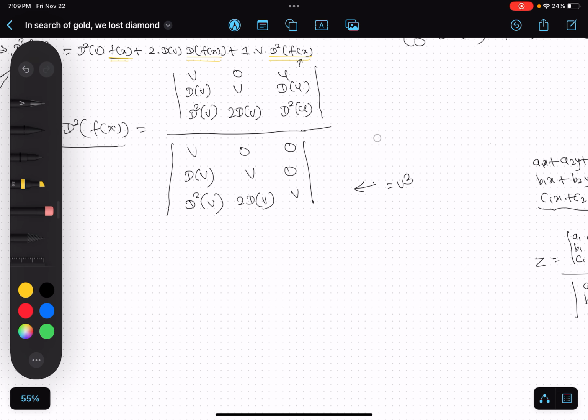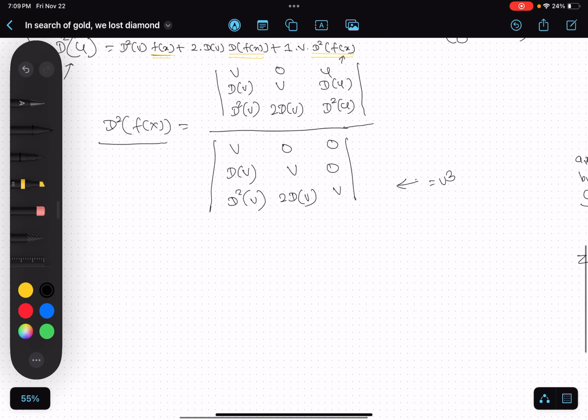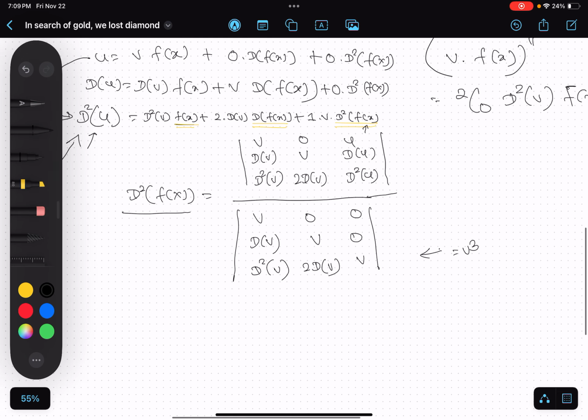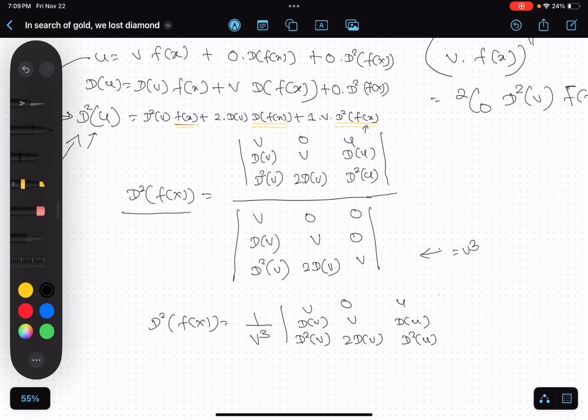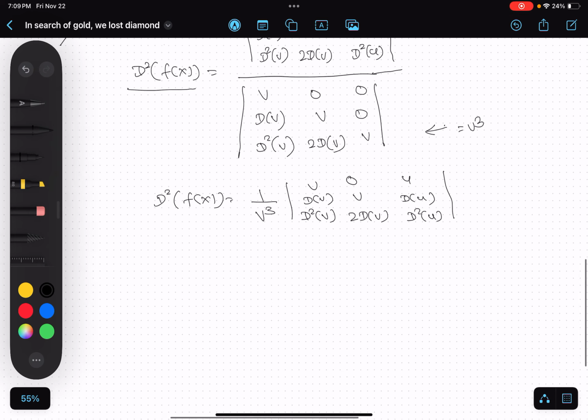So over here, if we try to evaluate, this is just b cube, right? So I can write d square f of x as 1 by b cube times the determinant with b, d square b, 0, b 2 dv, u, du, d square u, right? Okay, that's good.